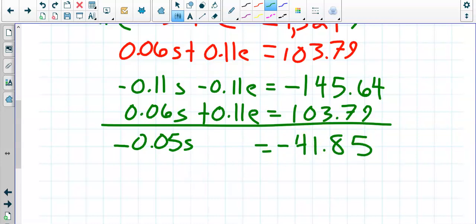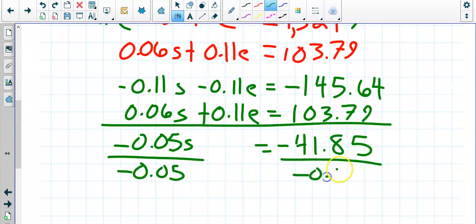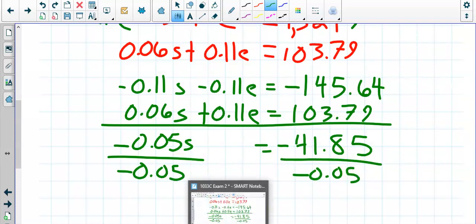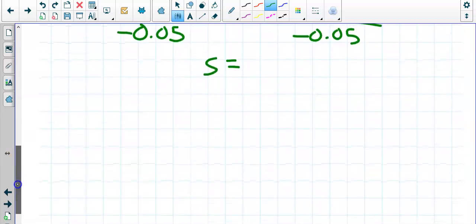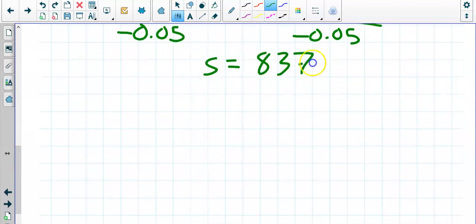And what do we do now to figure out what S is? There you go. Divide by negative 0.05. S is equal to $837. So at 6%, we put $837.